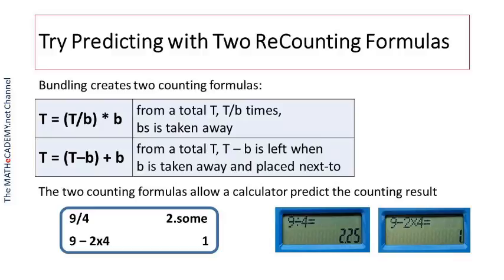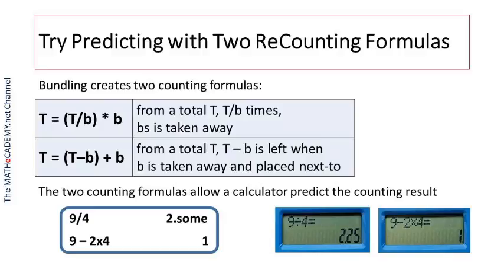The first formula says that from a total t, t divided by b, is the number of times b's can be taken away. The second formula says that from a total t, t minus b, is left, when b is taken away and placed next to.